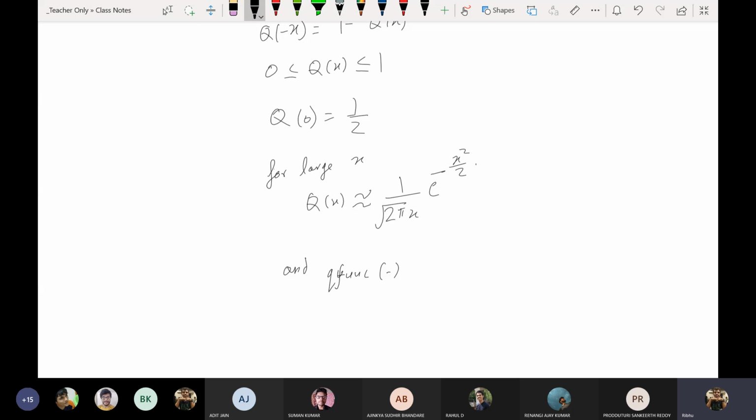The Q function table, where is the Q function table? That is important. Oh, the Q function table has disappeared from Simon Haykin's textbook. Let me look at this one. So I'll just use the Q function table from this textbook and table of integrals.